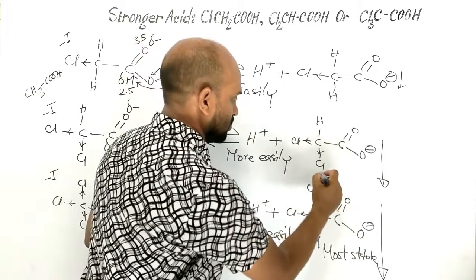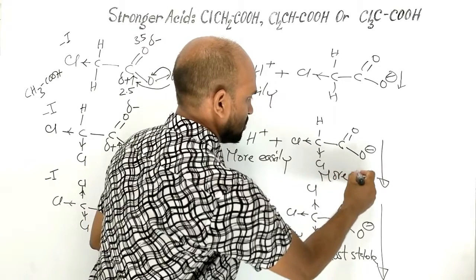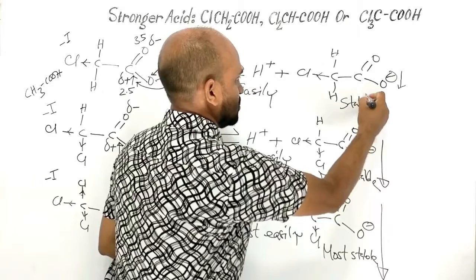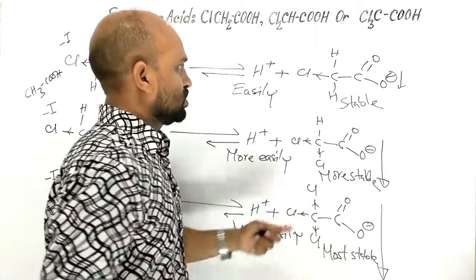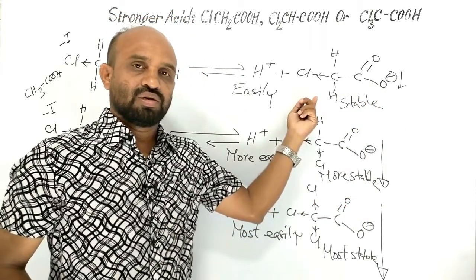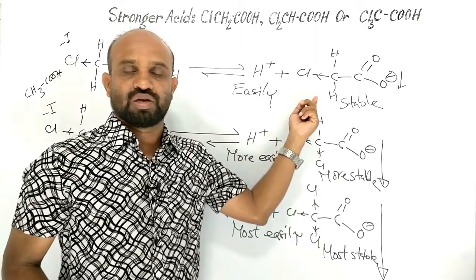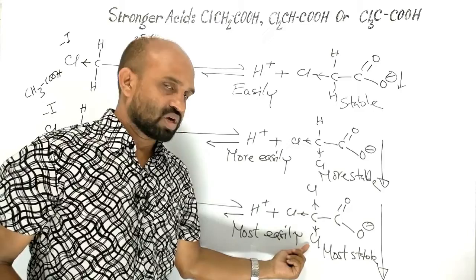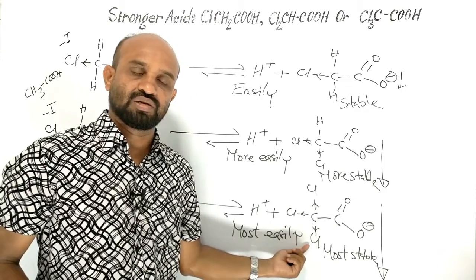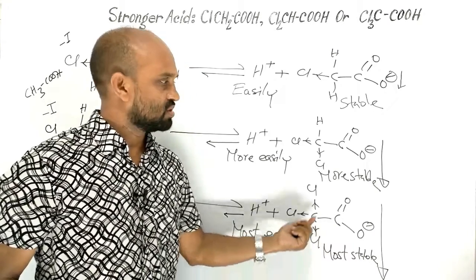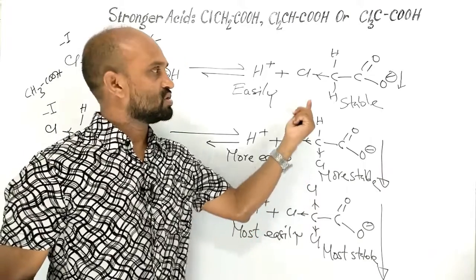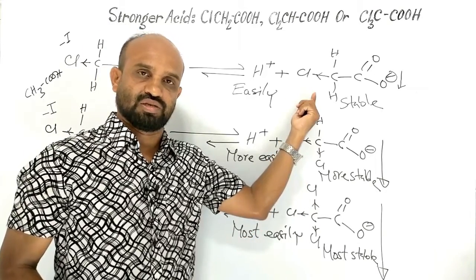This is more stable and this is simply stable. So from the stability of the acetate ions, trichloroacetic acid is the strongest acid, then dichloroacetic acid, and after that monochloroacetic acid.